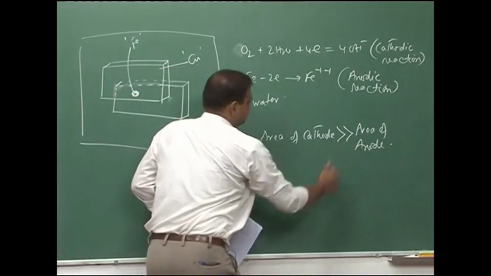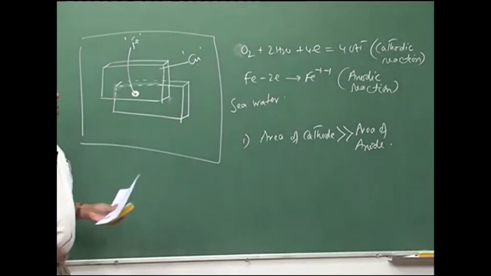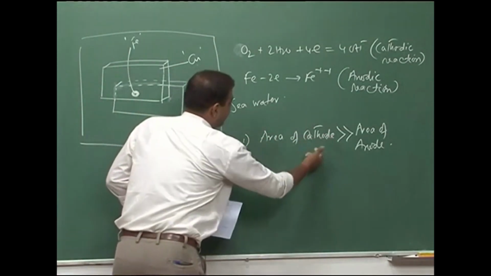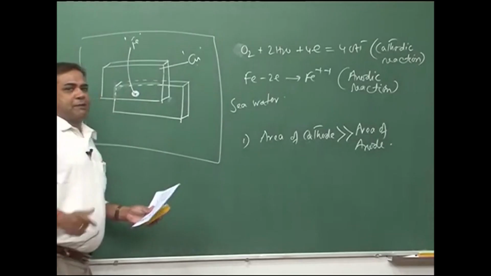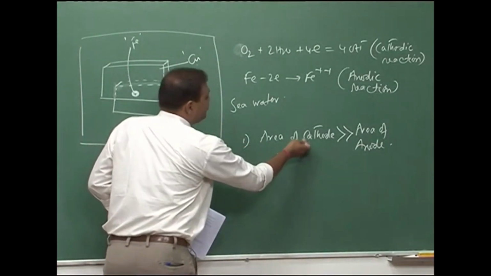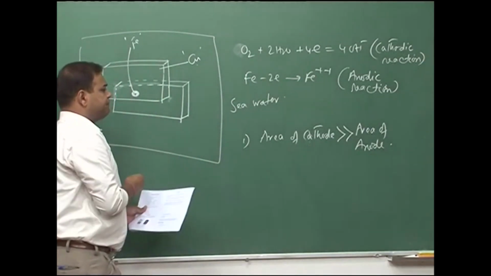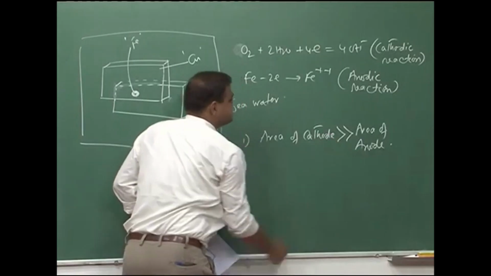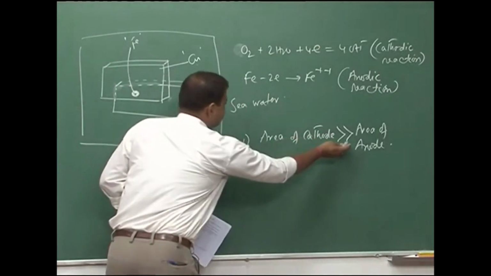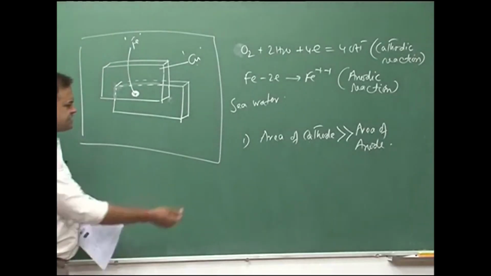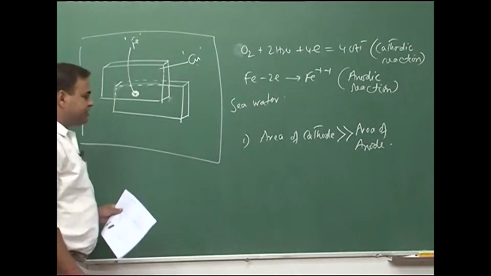Then that time the anodic dissolution would be much faster compared to the situation where area of cathode and area of anode both are same. Now, the favorable situation where my control would be better on the corrosion rate is when the area of the anode is more than the area of cathode. So, this is one important observation.